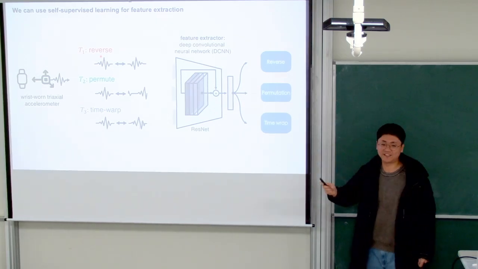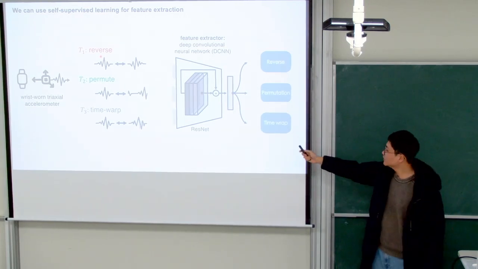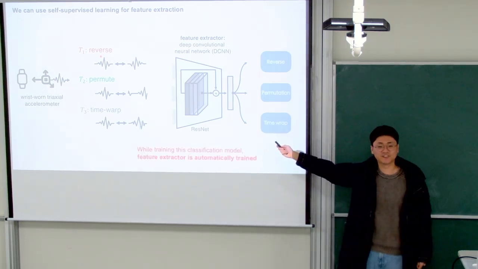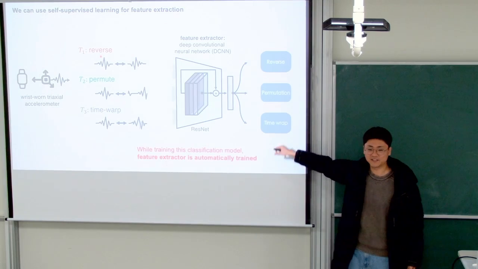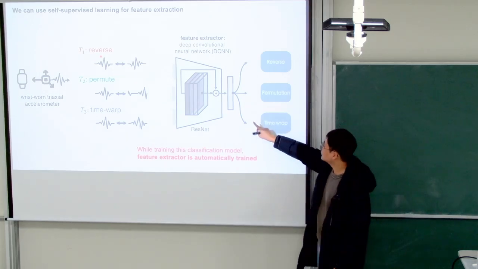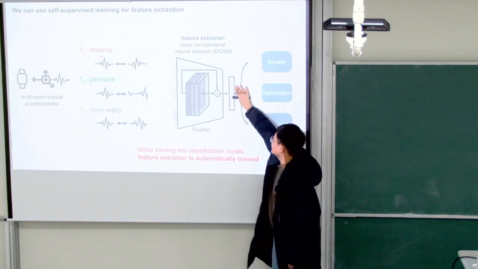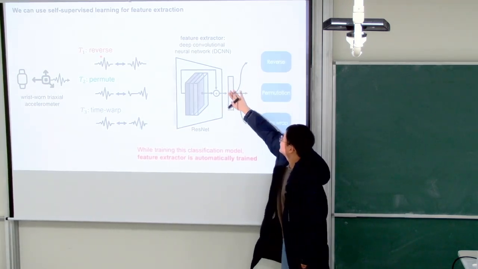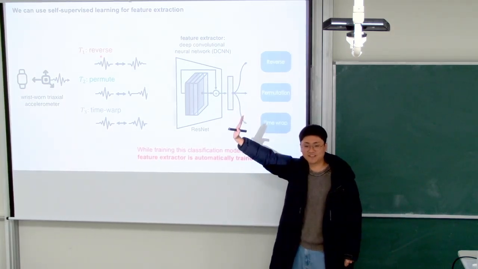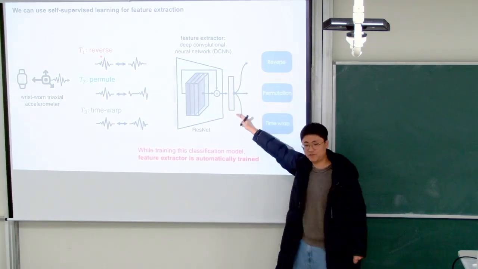So that's the idea. By training this model, they thought they can automatically train this feature extractor. In some sense, the model eventually makes some low dimensional vector here, kind of an embedding. I see. And they think that this is the feature vector.